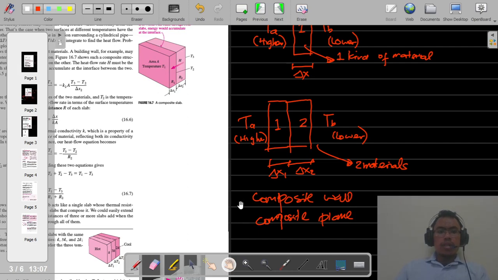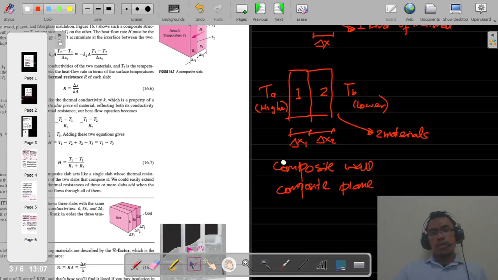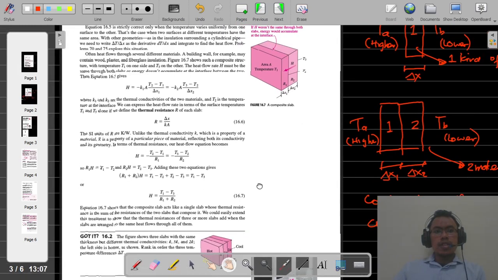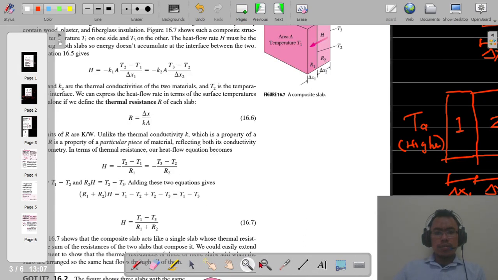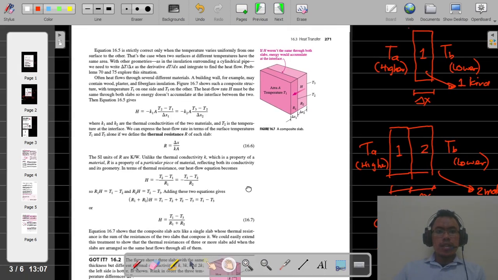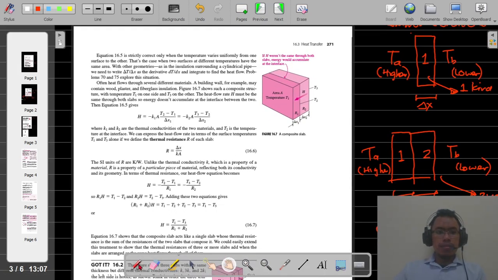Okay, now how do we deal with this situation? Firstly, we have to know a new variable called thermal resistance. The symbol of thermal resistance is R. So R equals delta X per K times the area of the material.